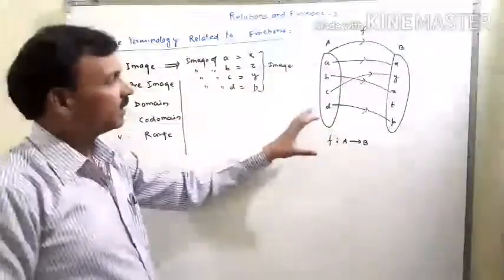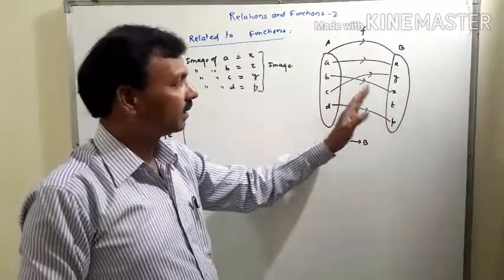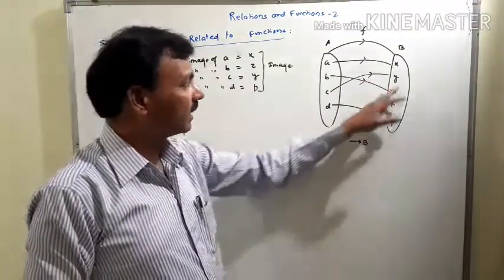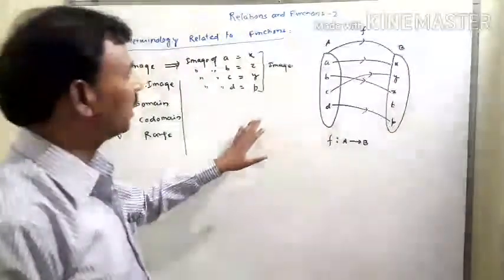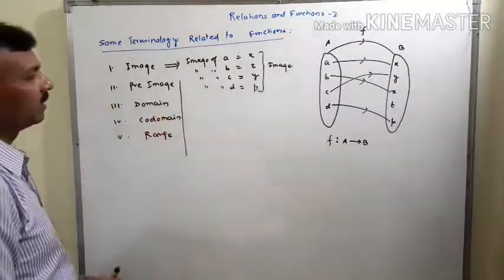In other words, we can say that in all ordered pairs of the function, the second element will be the image of this function. Now, what is the pre-image?